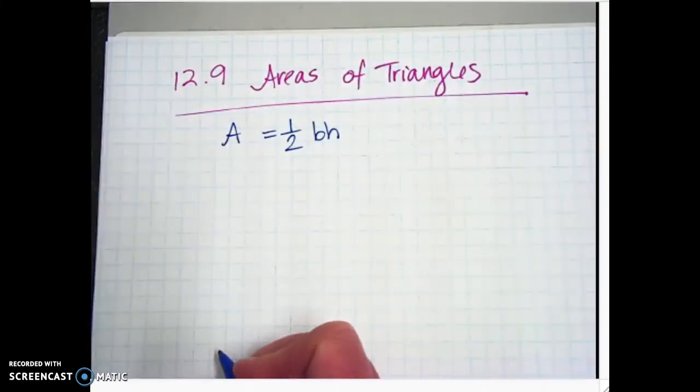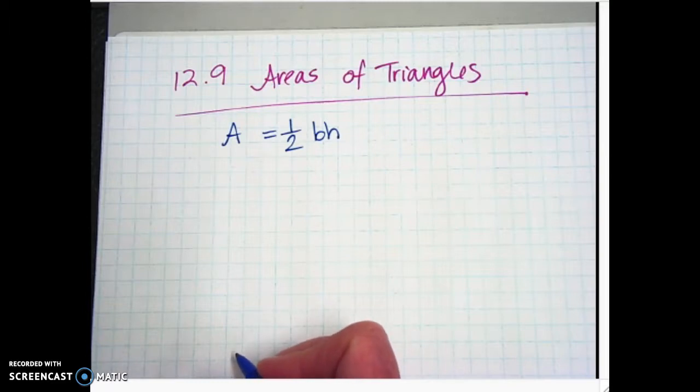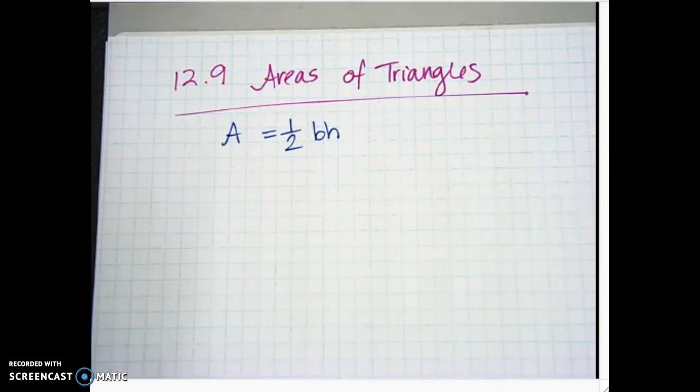For the Algebra 2 version, we're going to use a different formula, and even multiple different formulas based on what information you're given about a triangle.